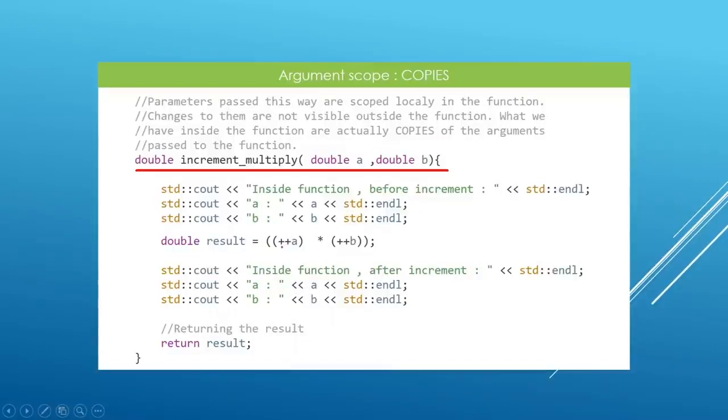So if, for example, you happen to increment either of the parameters, for example, here we increment a and we increment b, the changes we make here inside the body of the function are just going to be affecting copies we have inside the function here. And these copies are going to die the moment we hit the end of this function here. This is something I want you to be aware of, and we will play with it in more detail when we hit Visual Studio Code in a minute.